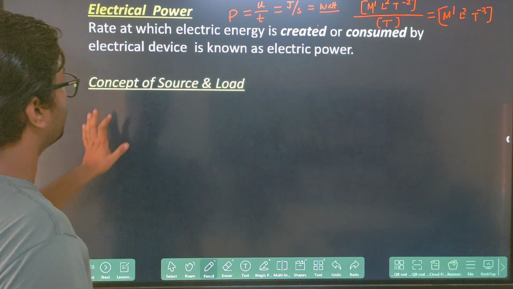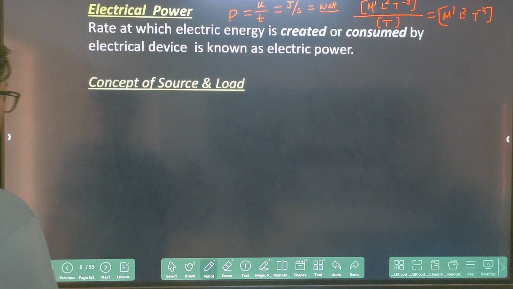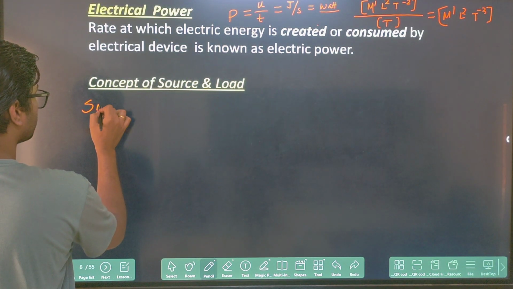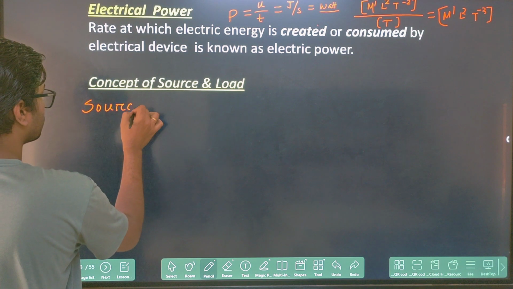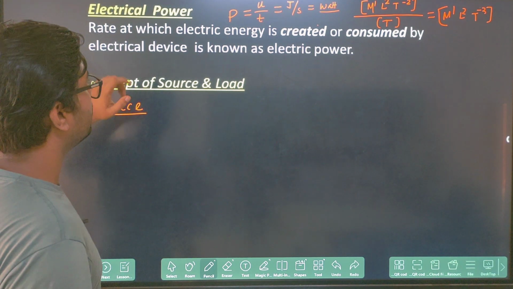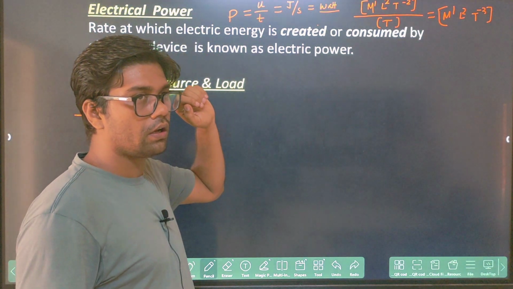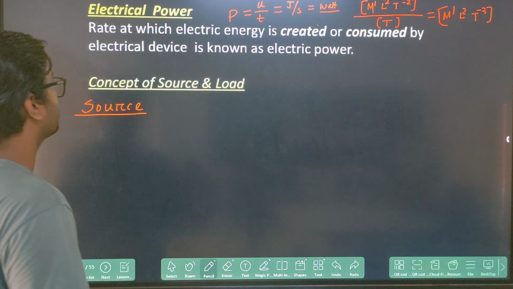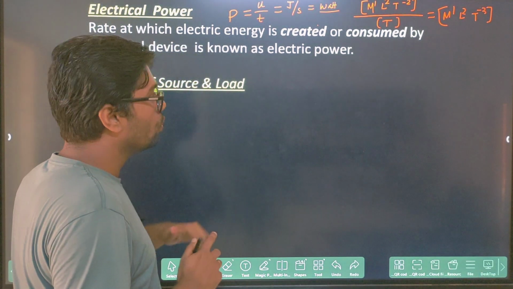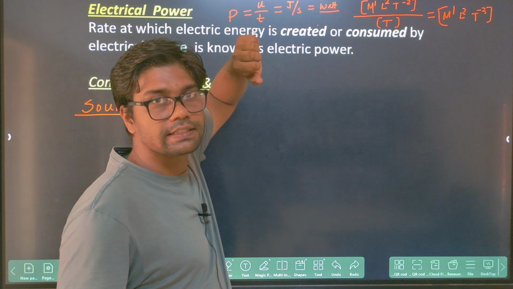Now we'll see the concept of source and load. First we'll see the source. A source is an electrical device, or you can say any electrical component, which is basically creating electrical energy.